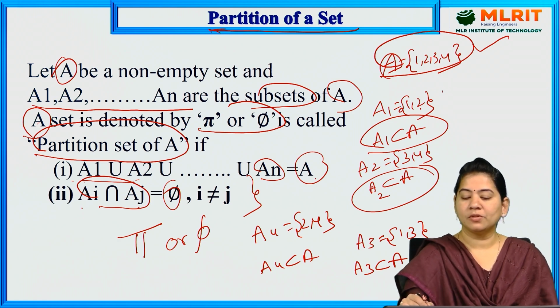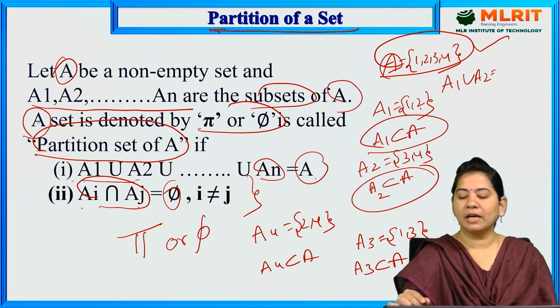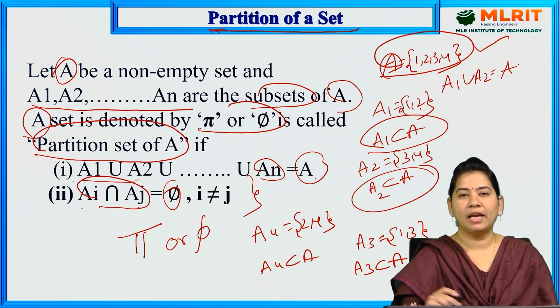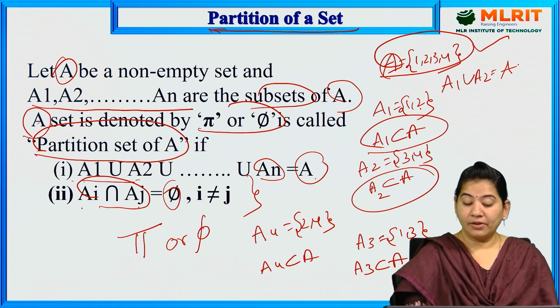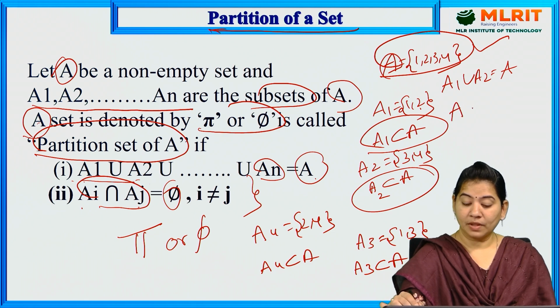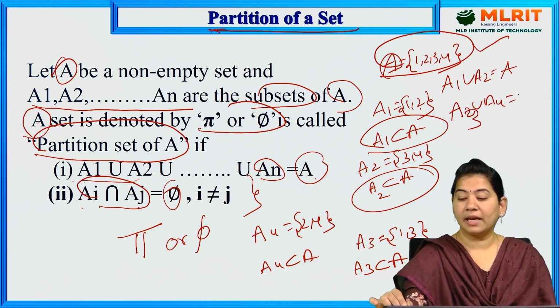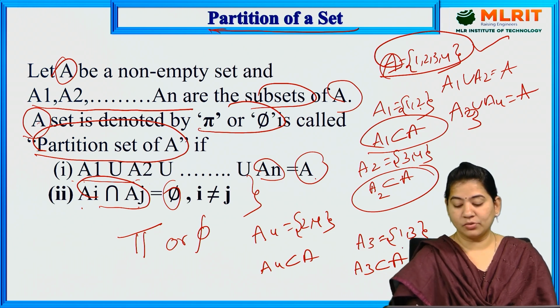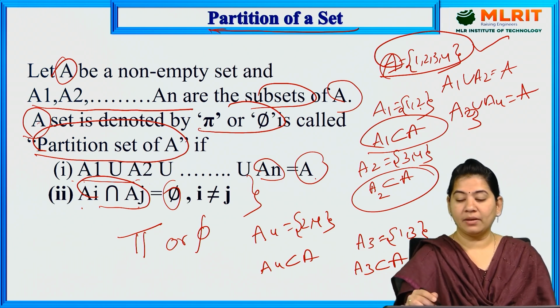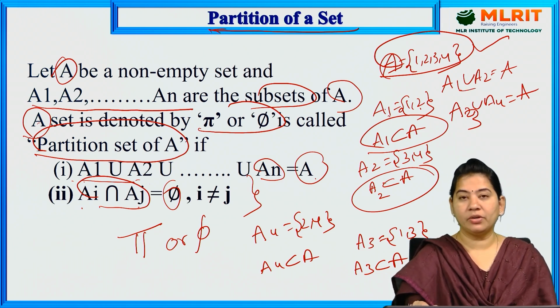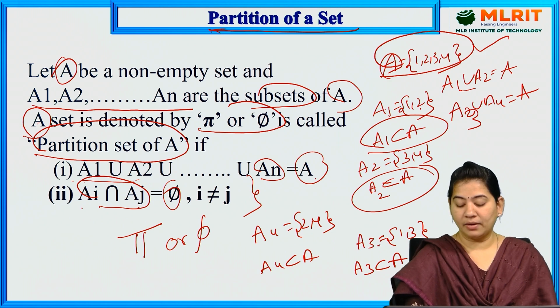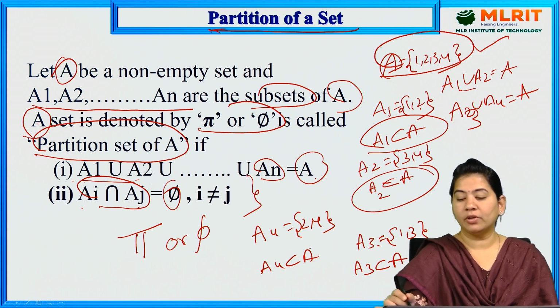Let us suppose A1 union A2. If I combine A1 union A2, I get A. Not only this, if I combine A3 and A4 also, I get the original set, that is 1, 3, 2, 4. If I apply union between A1 and A2, and between A3 and A4, I get the original set.